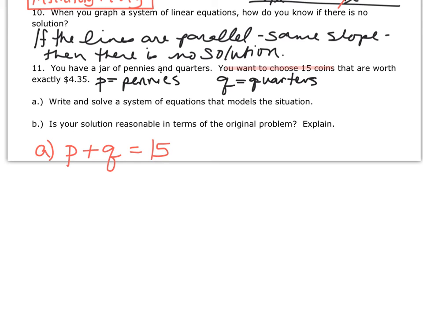All right, so if my total is $4.35, well, what can I multiply to P to find out how much money I have in pennies? 0.01. 0.01 P plus 0.25 Q equals $4.35.